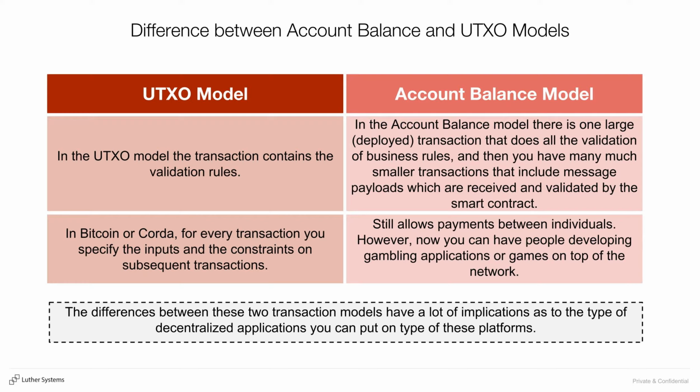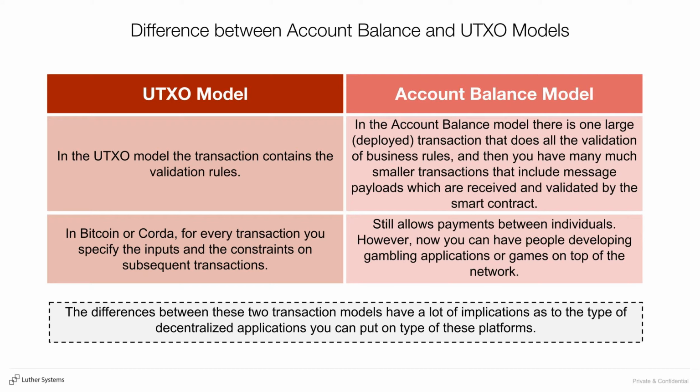So in Bitcoin and Corda, that type of transaction model, the kind of constraints that are used, because each transaction has the list of constraints in it, the types of constraints are typically quite small.